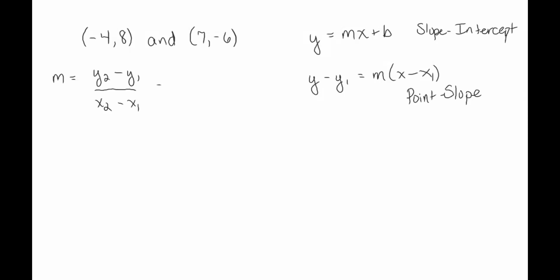So I'm going to say negative 6 minus 8 over 7 minus negative 4. And it looks like the numbers are a little bit messy here, but I get negative 14 over 11. Is that what you came up with on that, Jenna? Yep. For your slope? Yep. Okay, good. So you got that far.